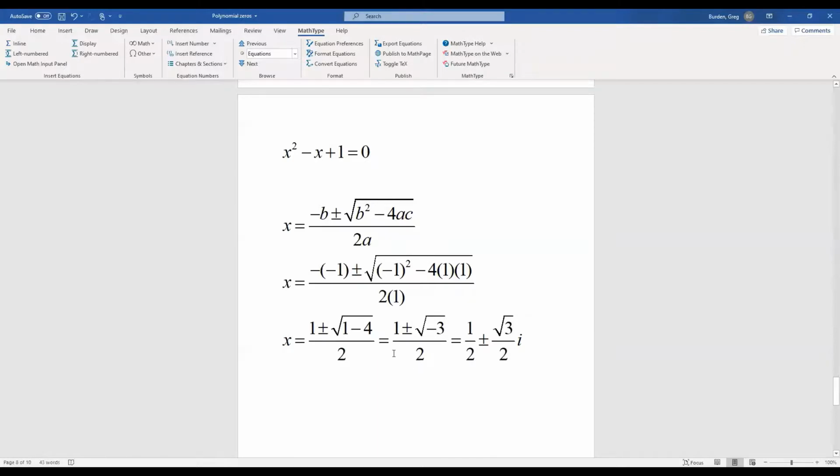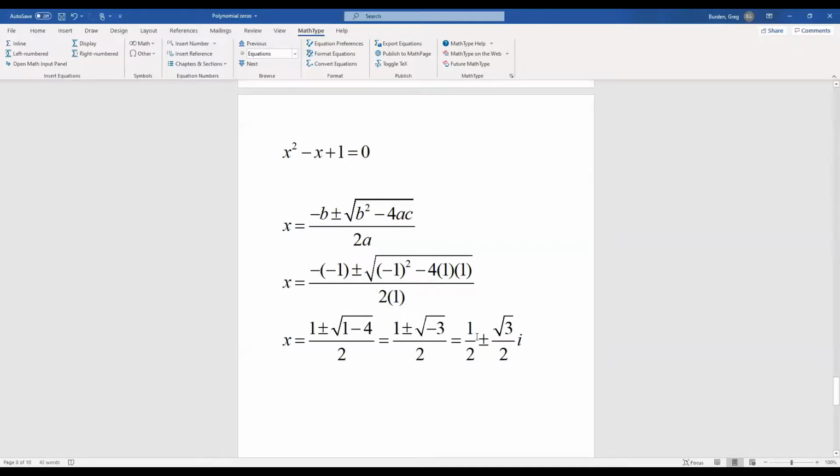The way I wrote this is okay, but normally we want to simplify. If we have a radical of a negative, we want to simplify that by introducing the magical number i, the so-called imaginary unit. So instead of writing the square root of negative 3, I wrote square root of 3 times i, and then I actually separated this into 2 parts.